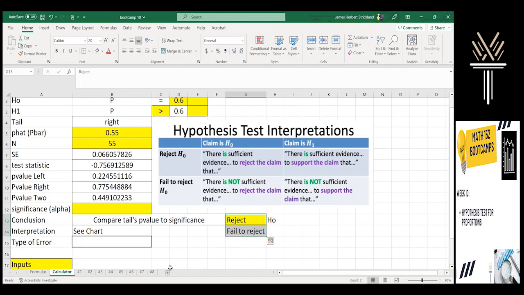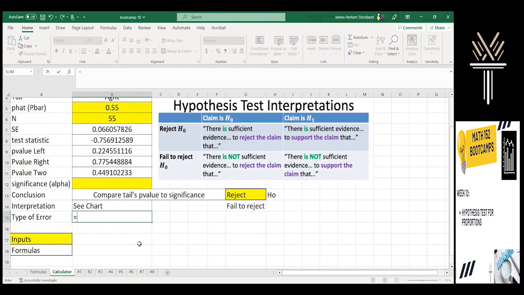So we want to read those options and then spit out the right type of error. So equals if this box equals reject, it doesn't care about capitalization, we call that a type 1 error. So if you reject, the kind of error we would classify it as is type 1.